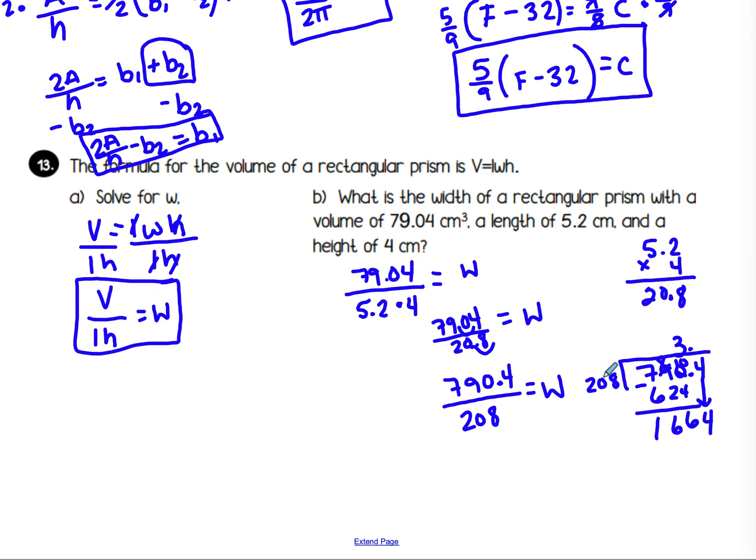So if this was 200 going into 1600, that would be 8 times. So 208 into 1664 is going to go in 8 times. It actually is going to go in evenly. Okay, so my width is 3 8/10 centimeters.